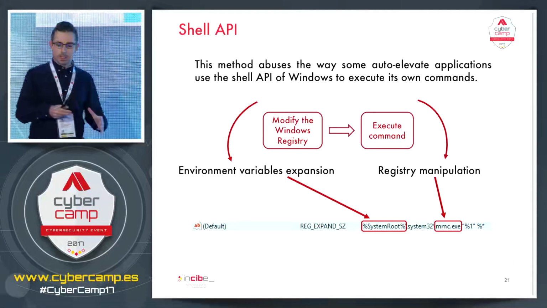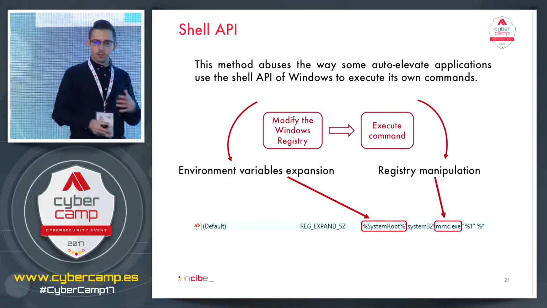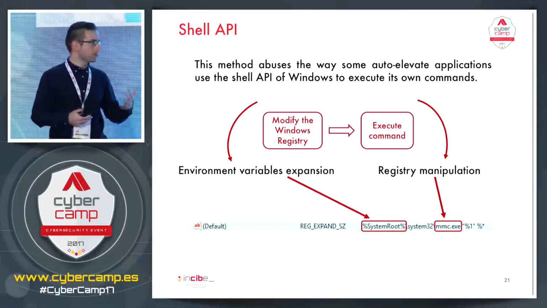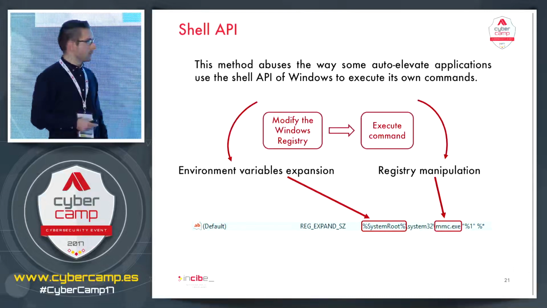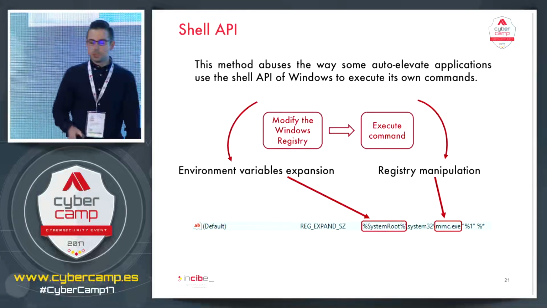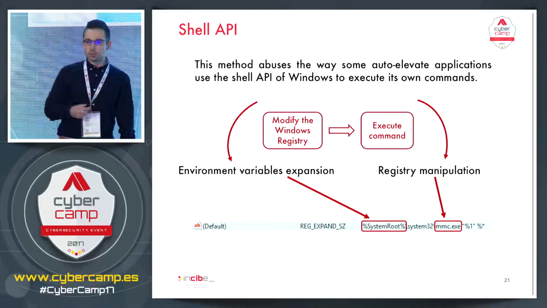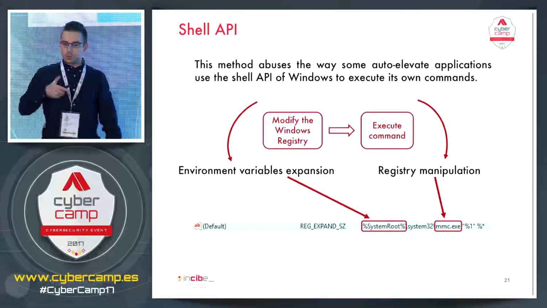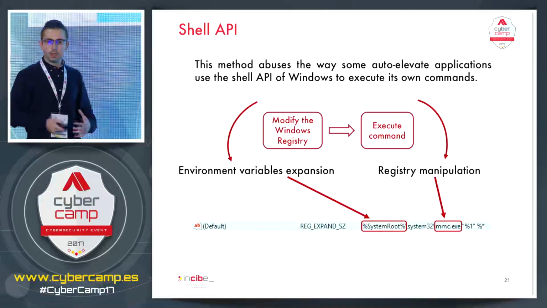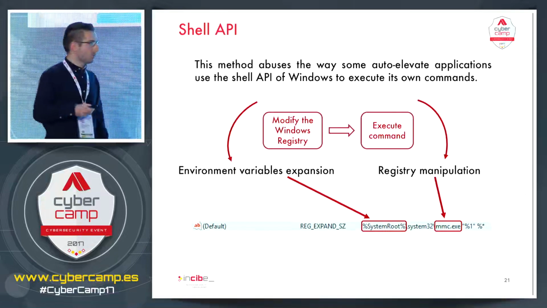Here are two examples. If we focus on the first part of this variable, which is used to execute a command, you can see that the environment variable is system root. If an attacker modifies this variable and directs it to a directory under their control, they will be able to trigger the process they want.